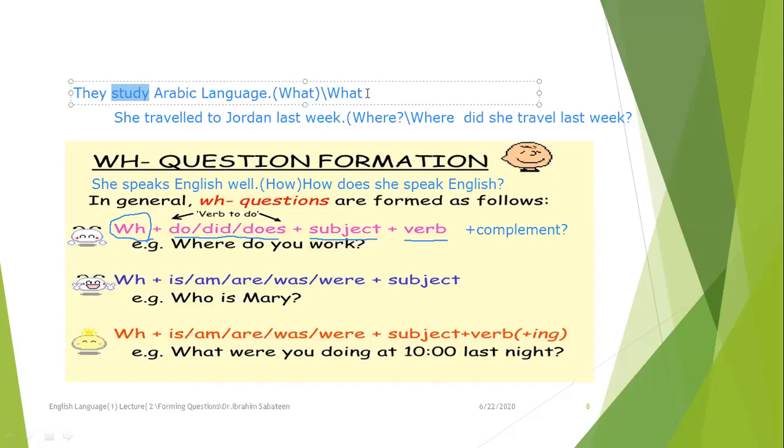Do. What do. بعد الأوكسيلري لازم أحط السبجكت. What do they study. Question mark.